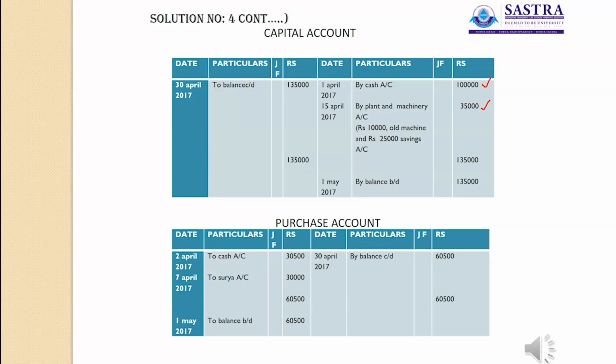The total amount is 1 lakh plus 35,000, 1 lakh 35,000. So to balance carried on rupees 1 lakh 35,000. Then this amount is transferred to the next month, 1st May 2017, 1 lakh 35,000.